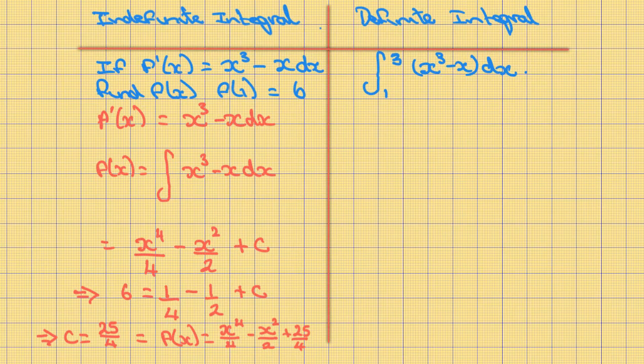So the first thing you need to do is integrate. So therefore we get the integral is x to the 4 over 4 minus x squared over 2 plus c between 1 and 3.